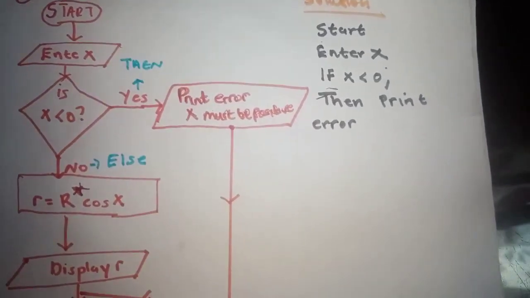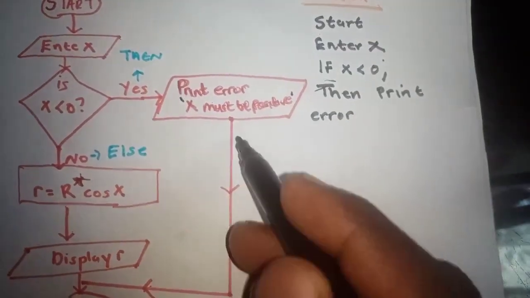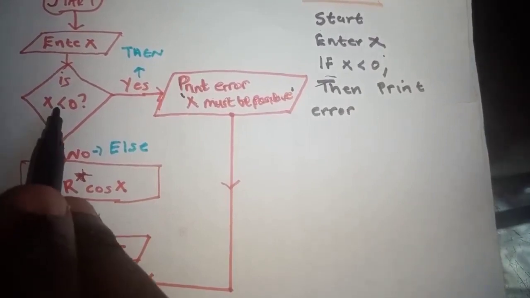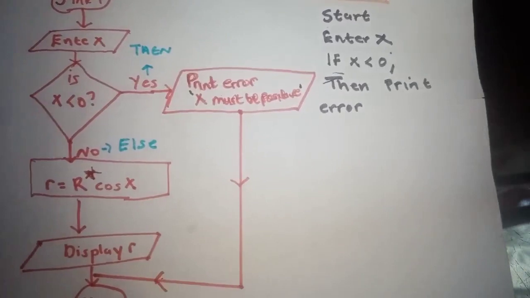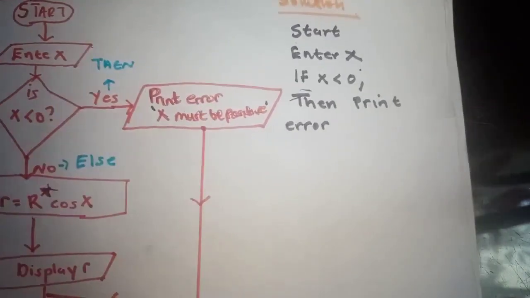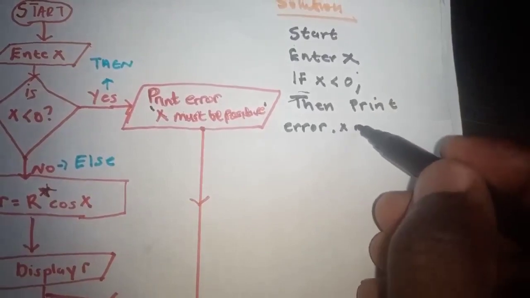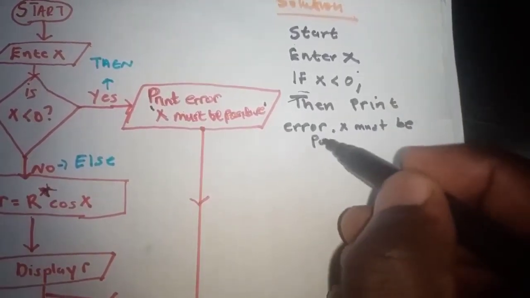It says x must be positive, that's why it comes here. If x is less than 0, you print error, meaning you can't proceed with this algorithm. So then print error, and you write x must be positive.